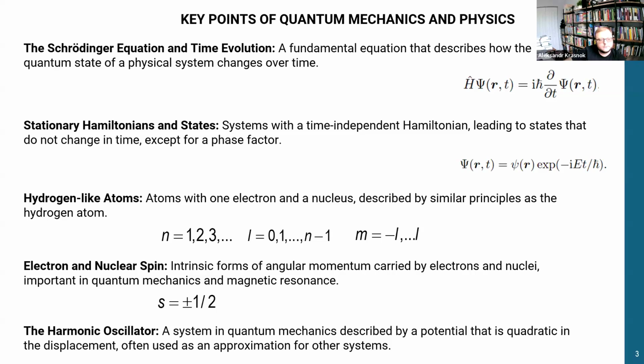And finally, we discussed the concept of the harmonic oscillator. A harmonic oscillator is a system that is described by a quadratic potential function.